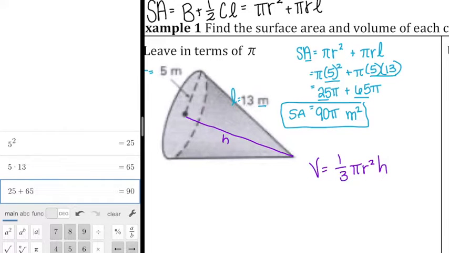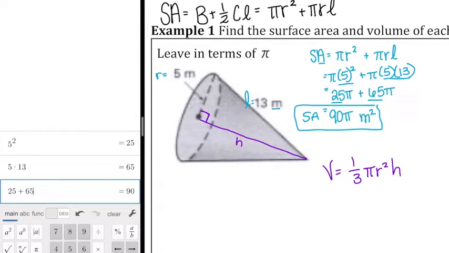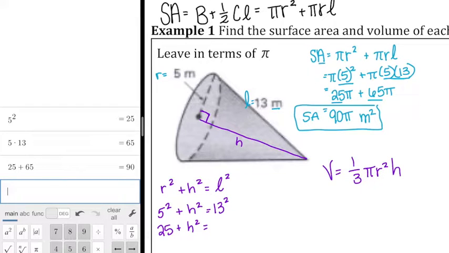Let's call this h. Here's my right angle because my height is perpendicular to that radius. So to set this up, I'm going to have my radius squared plus my height squared equals my slant height squared. So I'm going to plug in what I know. So 5 squared plus h squared equals 13 squared. So 5 squared is 25, and then 13 squared is 169.